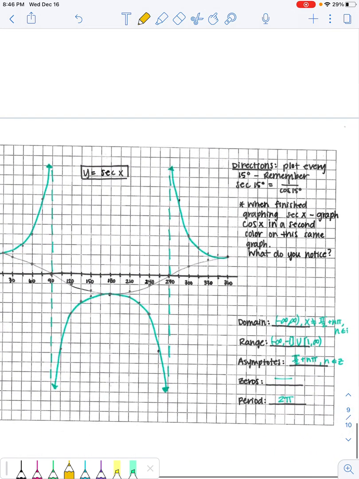So again, take a look at those characteristics. Noticing here that the cosecant and secant, neither one of them have zeros. Neither one of them will cross the x-axis, which tells us that y can't be 0.